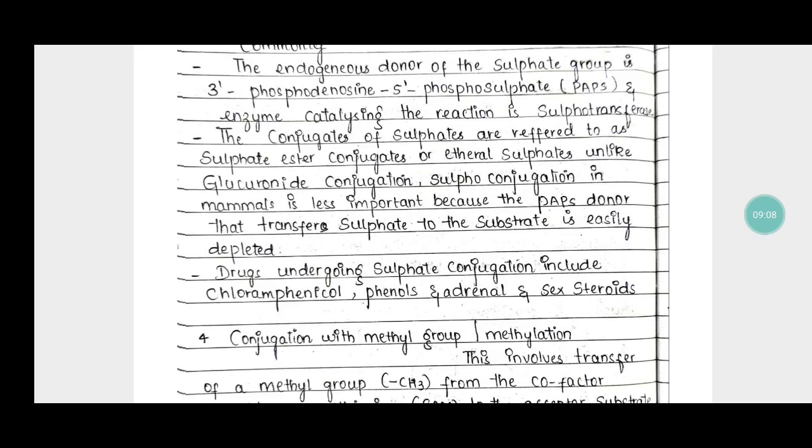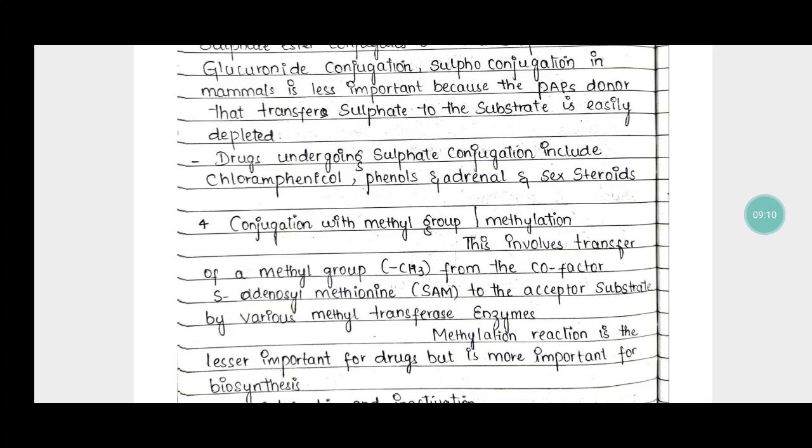The fourth one is conjugation with a methyl group, or methylation. This involves transfer of a methyl group from the cofactor S-adenosyl methionine, SAM, to the acceptor substrate by various methyl transferase enzymes.